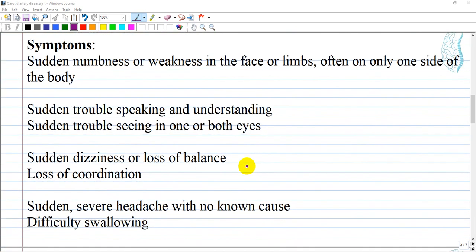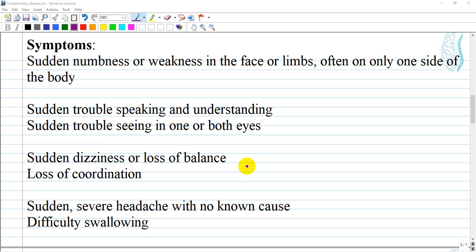In the early stages, carotid artery disease often doesn't produce any signs or symptoms. The condition may go unnoticed until it's serious enough to deprive your brain of blood, causing a stroke or transient ischemic attack. Symptoms include sudden numbness or weakness in the face or limbs, often on only one side of the body, so it's unilateral, depending on the artery that is affected.